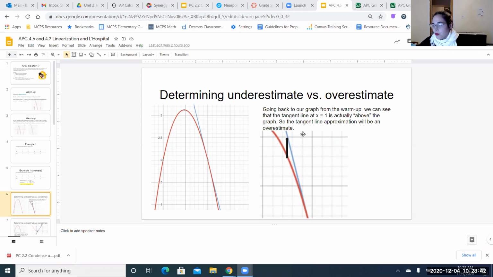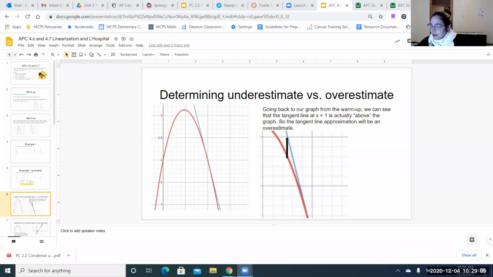This is the graph from our warm-up, zooming in on the tangent line. You can see that the tangent line at x equals 1, that blue line we looked at in the warm-up, is actually above the graph, right? It's higher than the graph. So when we use the tangent line, it's going to be an overestimate, because that blue line is above the graph.